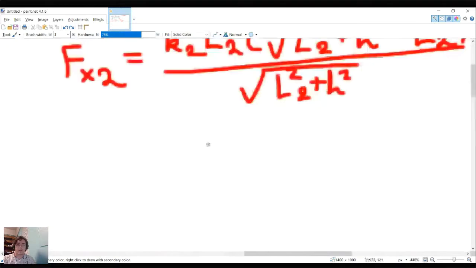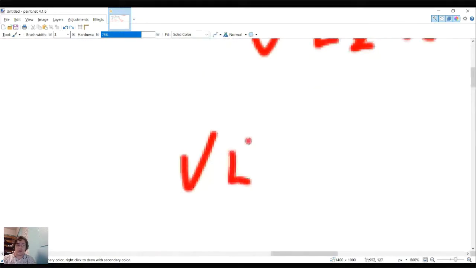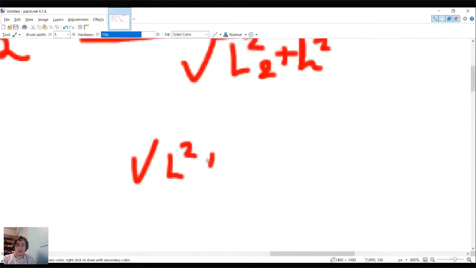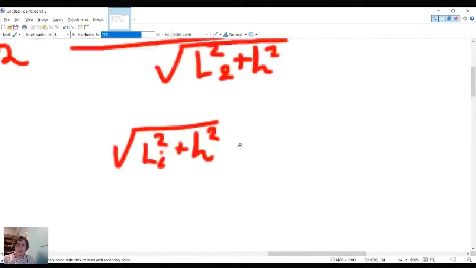So for Li squared plus h squared, denote an i here because it's for both cases, the square root minus Li would be much greater than Li.